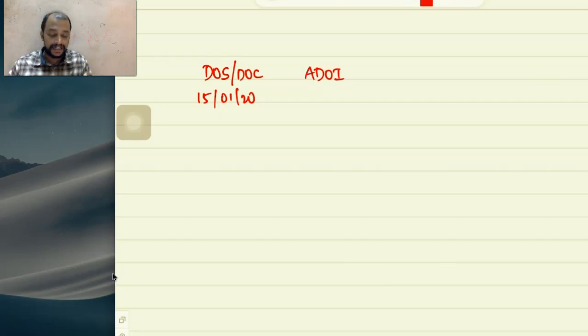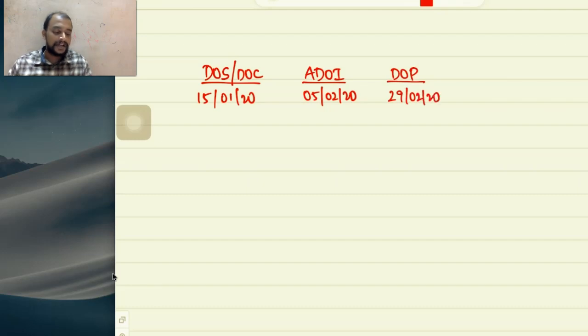Actual date of invoice is on 5/2/2020. And date on which payment is received is 29/2/2020. Now we need to find the time of supply.